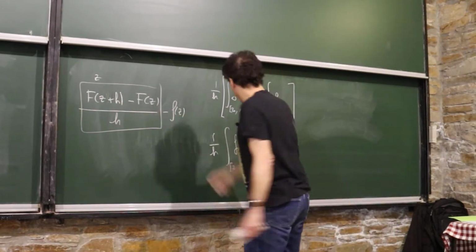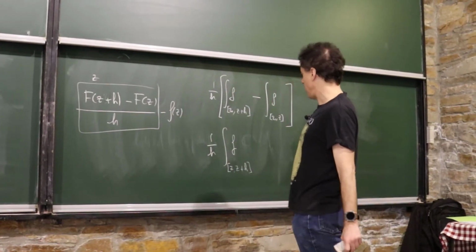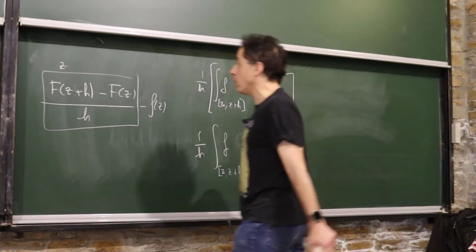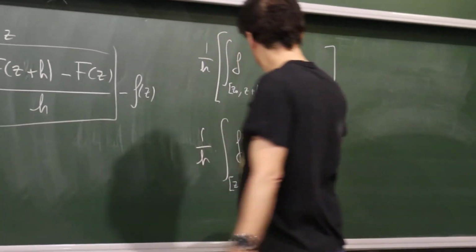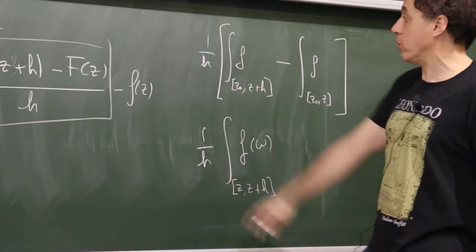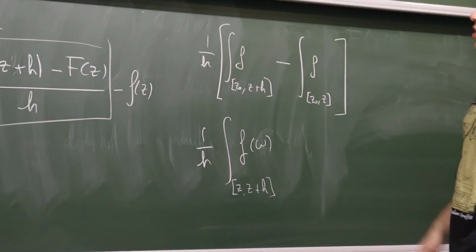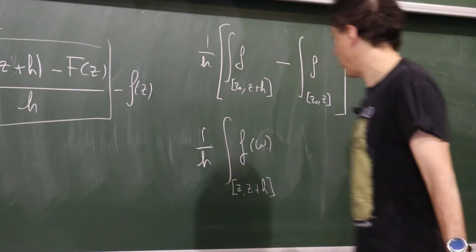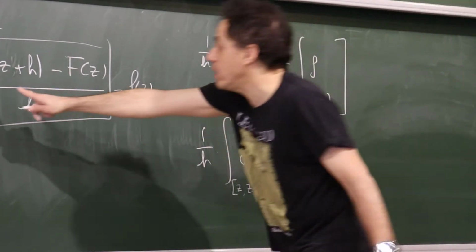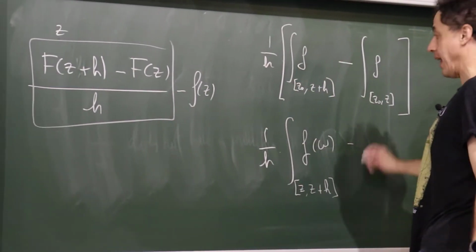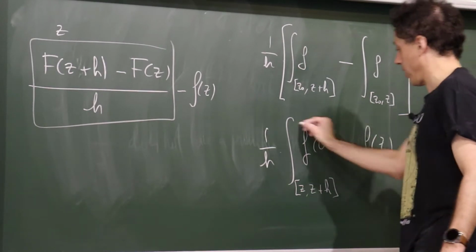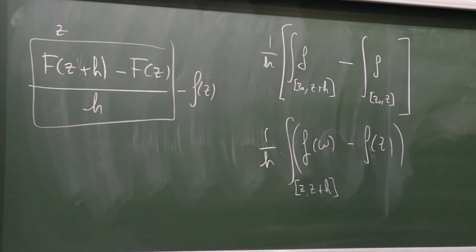So this can be seen as follows. Let's call the variable w here, not to put the same letter as here. So this difference would be something like this.